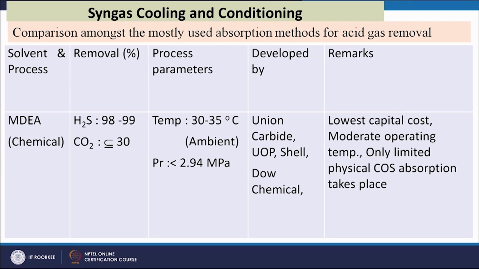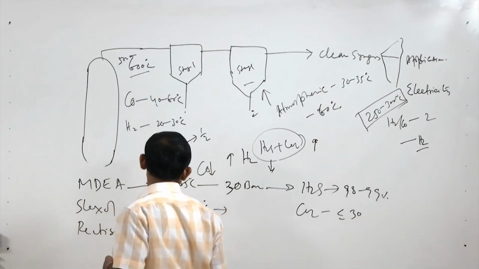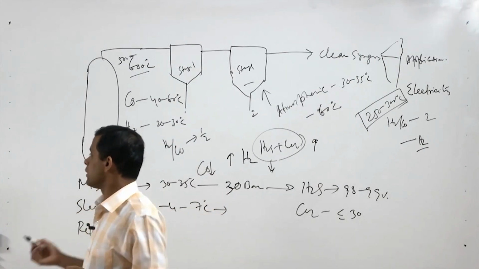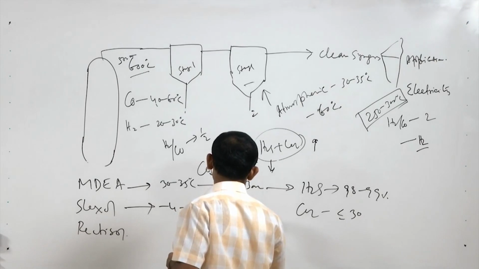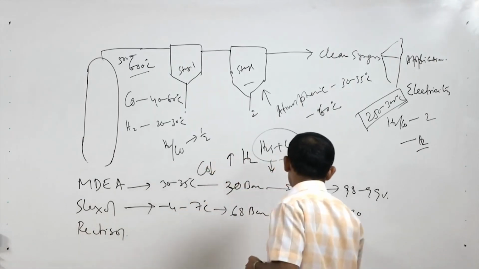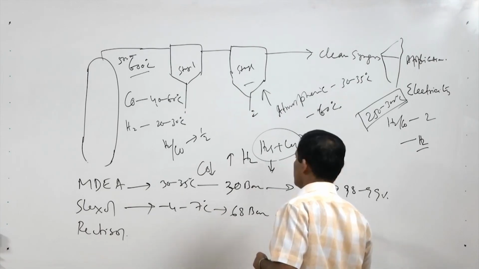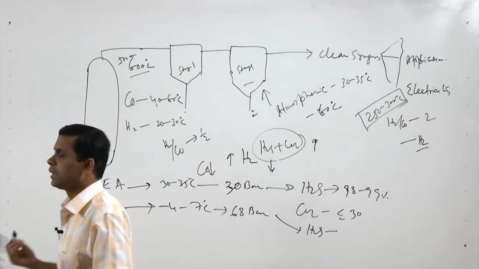And the Selexol process also has temperature less than 0, that is minus 4 to minus 7 degree centigrade, and the pressure is around 68 bar. Here H2S removal is again 99%, and carbon dioxide removal can vary.